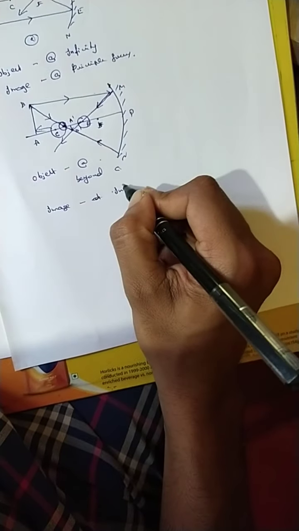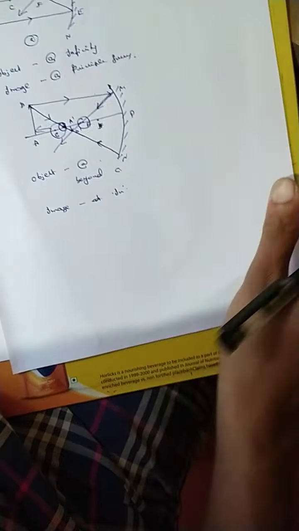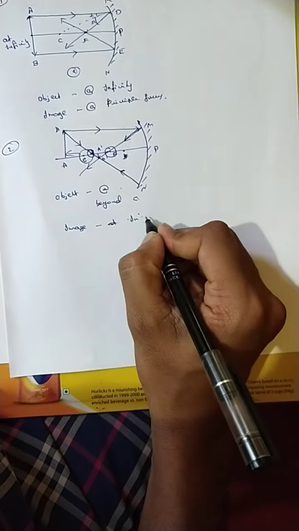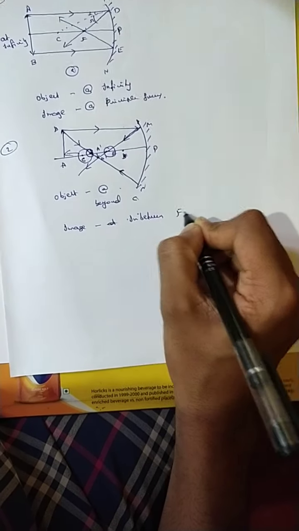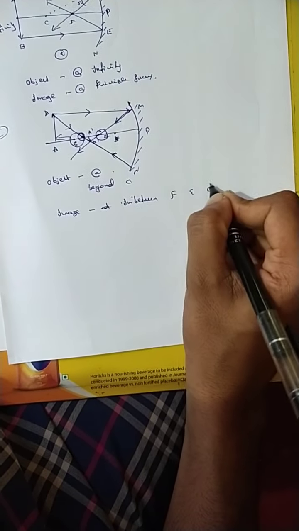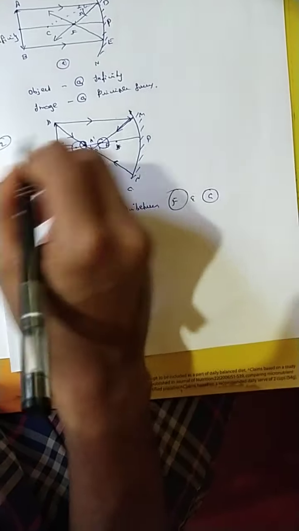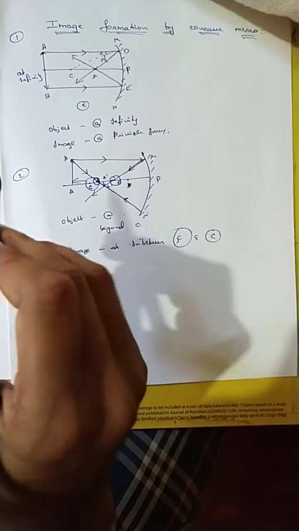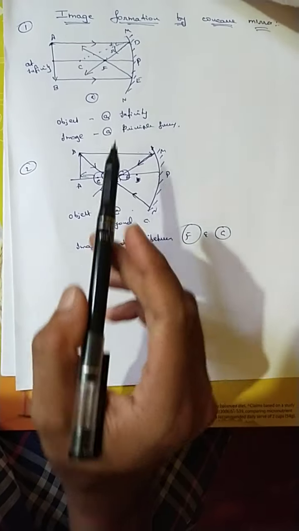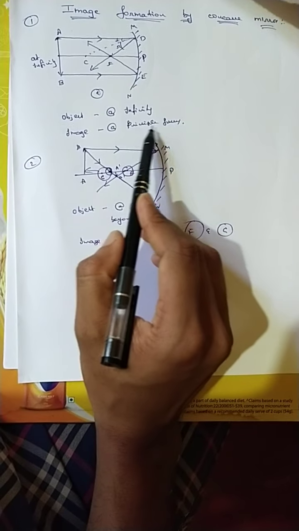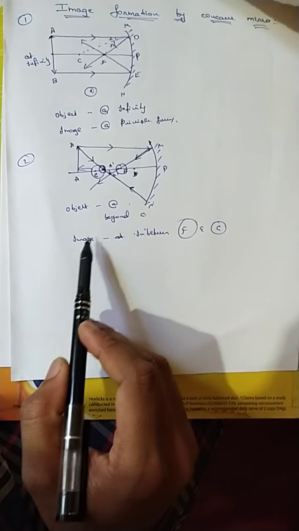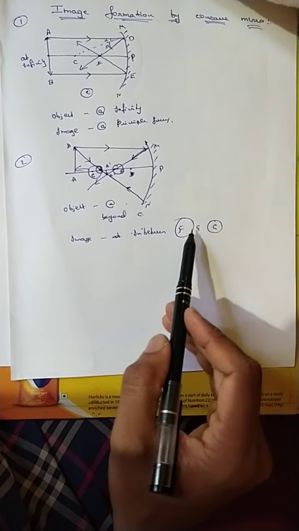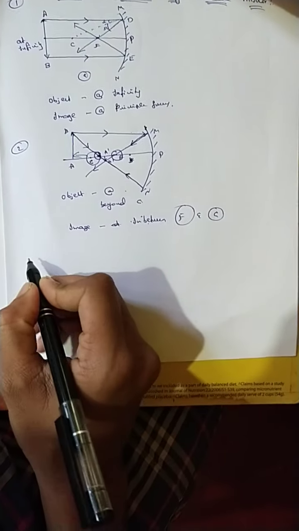Clear? We got, when the object is placed at infinity, the image is at the principal focus. When the object is placed beyond C, the image is obtained in between principal focus and center of curvature.